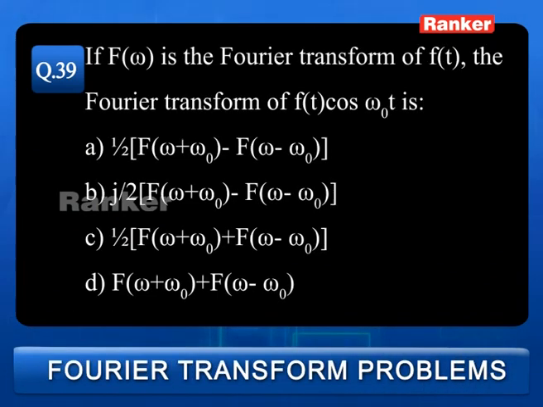Next question. If F of omega is the Fourier transform of f of t, then the Fourier transform of f of t cos omega naught t is: A, half F of omega plus omega naught minus F of omega minus omega naught; B, j by 2 F of omega plus omega naught minus F of omega minus omega naught; C, half F of omega plus omega naught plus F of omega minus omega naught; D, F of omega plus omega naught plus F of omega minus omega naught.